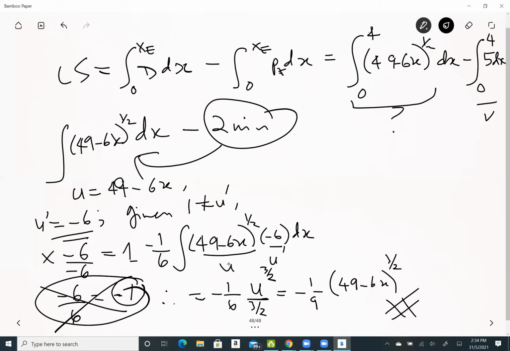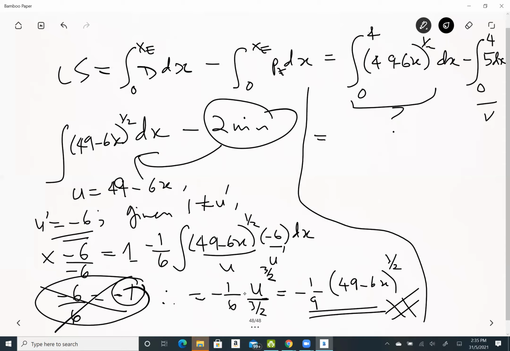Okay. Now, when you get that integral, we continue from here. That will be equal to the integral, which already we found here.